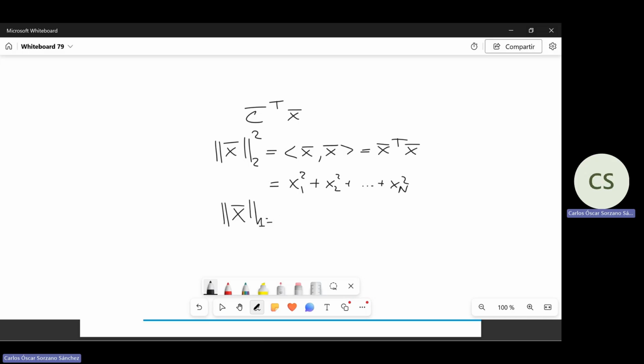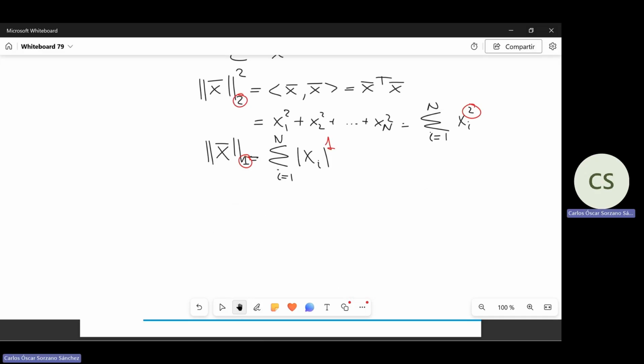The norm 1 would be the same sum, but now taking the absolute values. So here we have exponent 2, and this exponent 2 has to do with this 2. And here you have an exponent 1 that has to do with that one.